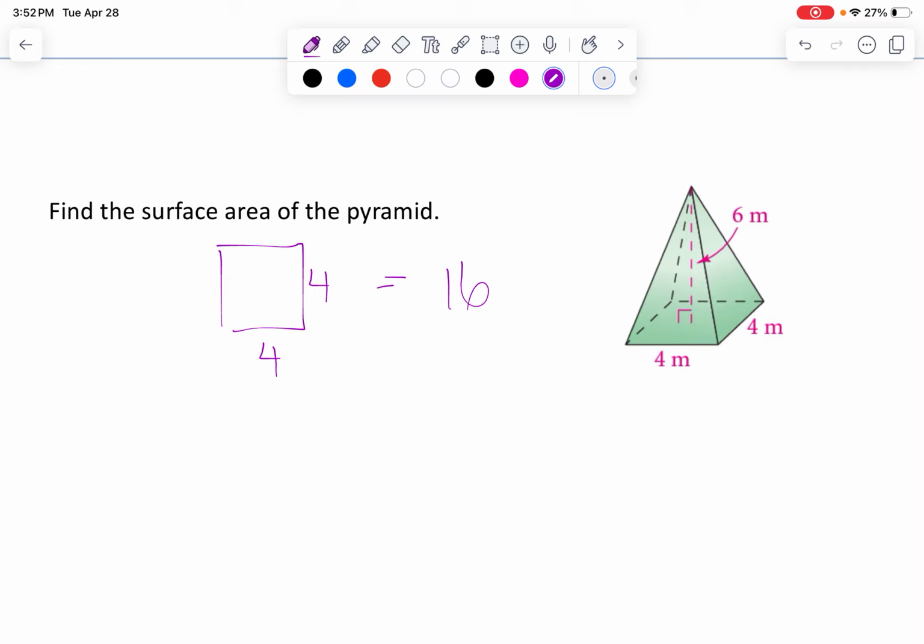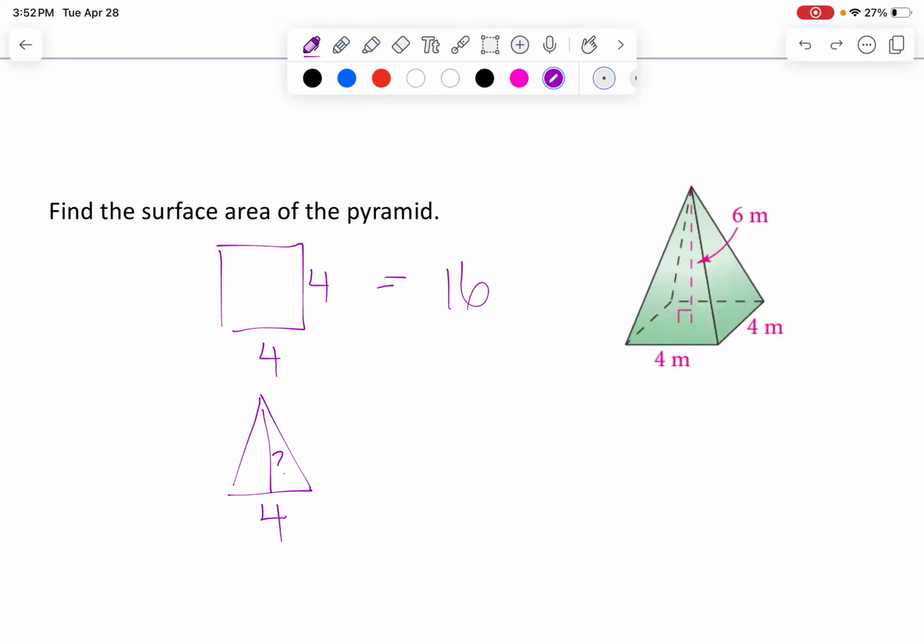Then we have the triangle. We know the triangle base, but we don't know the height. We don't have that slant height up the side, so we have to figure that out.